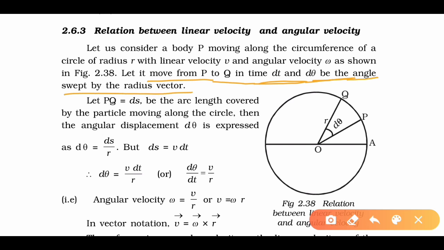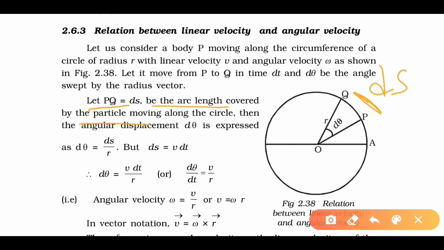From point P to point Q it's moving, taking time dt, and the radius vector sweeps an angle d theta. So let PQ equal ds, the arc length covered by the particle moving along the circle.